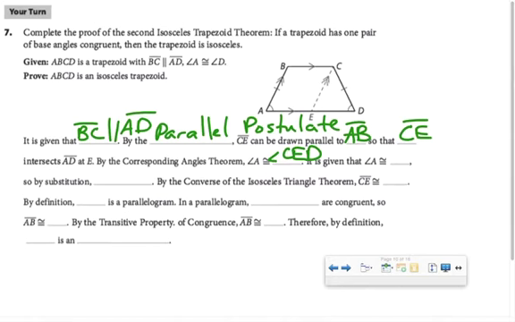It was given to me that angle A was congruent to angle D. So by substitution, I know that angle CED is congruent to angle D. And in this proof, I'm using the converse of the isosceles triangle theorem because I have the angles being congruent. I'm using them to say that the sides are congruent. So I'm saying that CE is congruent to CD.